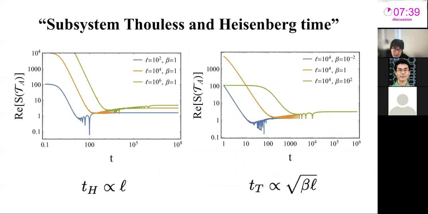Maybe we can call them subsystem dip and Heisenberg times, because the scale is not the total system, but the subsystem, the size of the system A. So here I'm plotting some different subsystem sizes and temperatures, and from this figure we can confirm the time at the end of the oscillation is scaled with the subsystem size small l, and also the end of the slope can be scaled with the inverse temperature times subsystem size l, taking the square root.